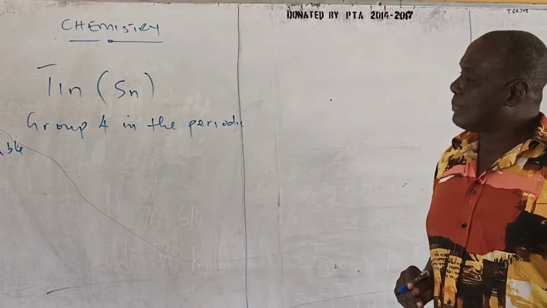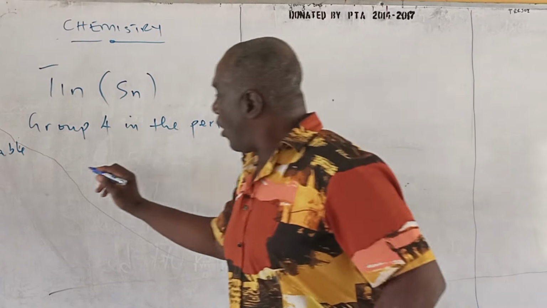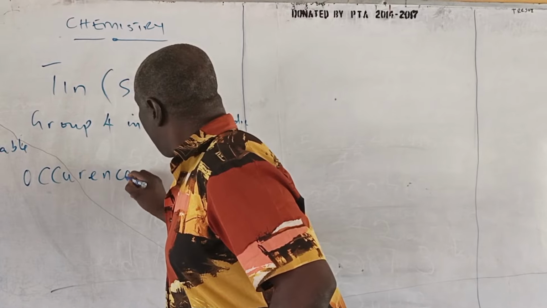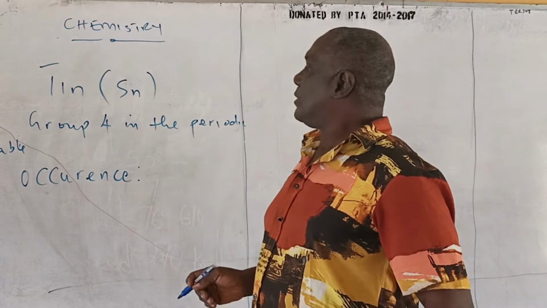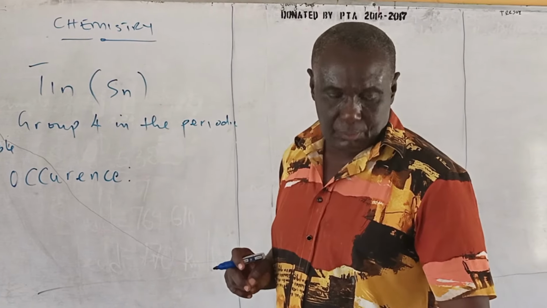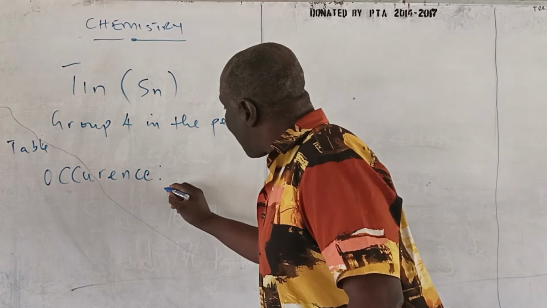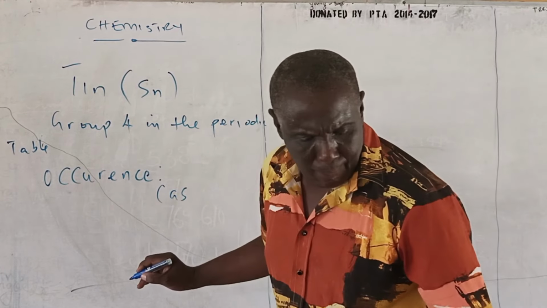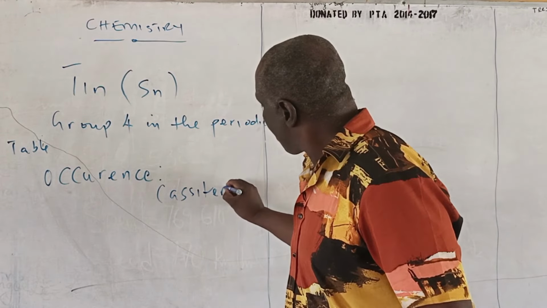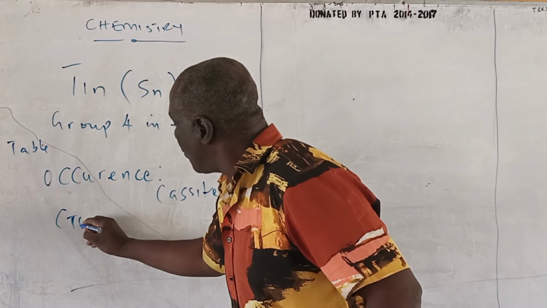Now, where can we find tin? That is the occurrence. Tin is found in the earth crust as an ore known as cassiterite, also known as tin stone.